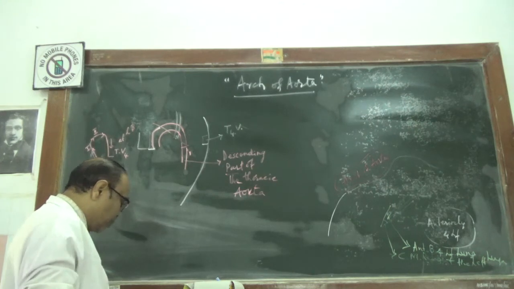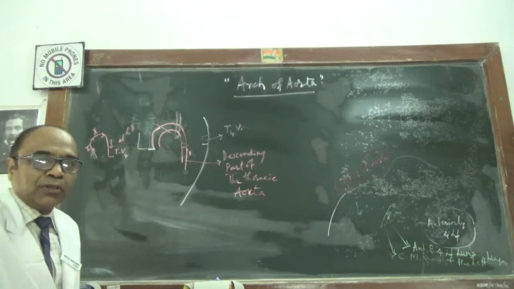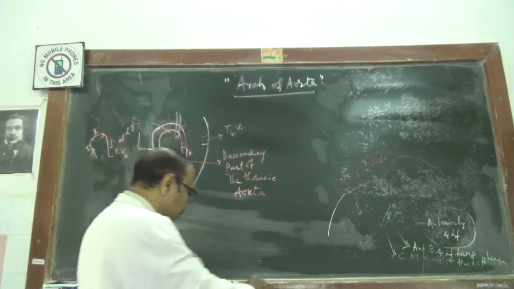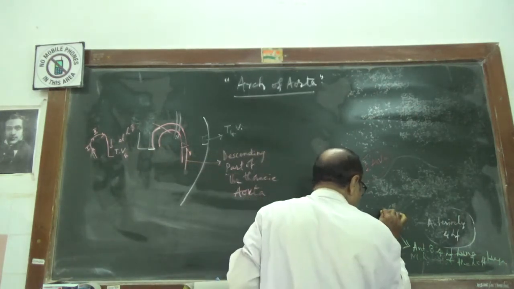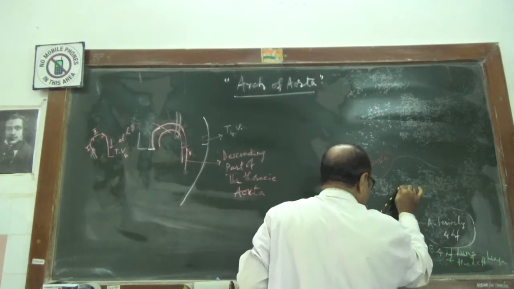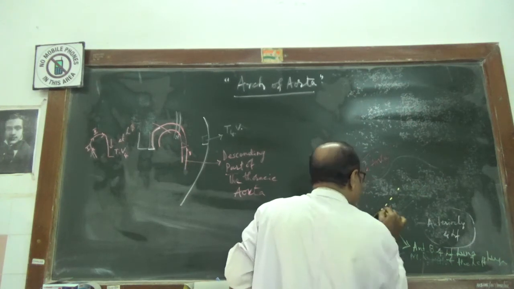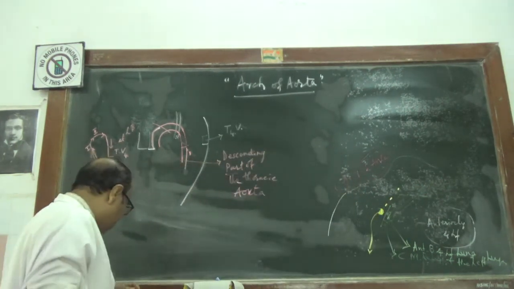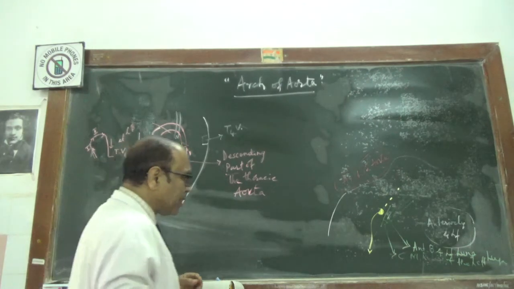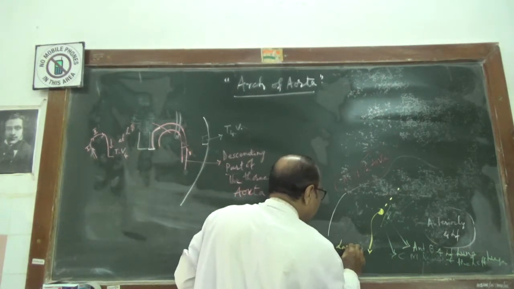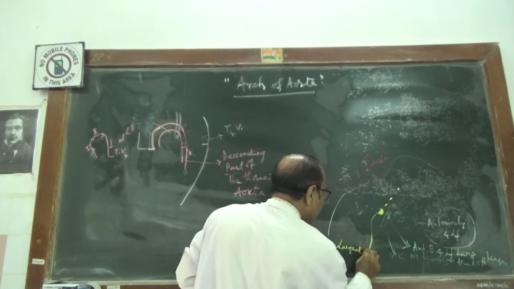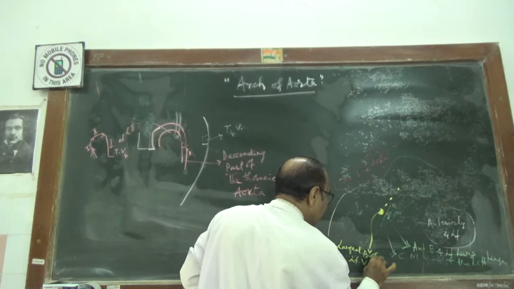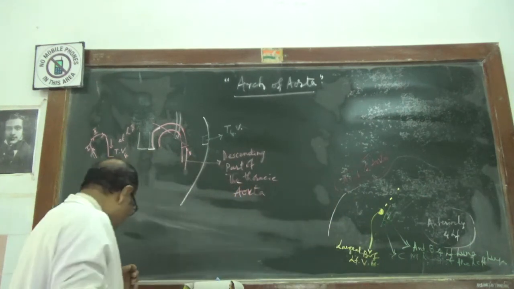And you will have four important nerves from front to back: number 1, 2, 3, 4. The first you will get is the laryngeal branch of the left vagus nerve.